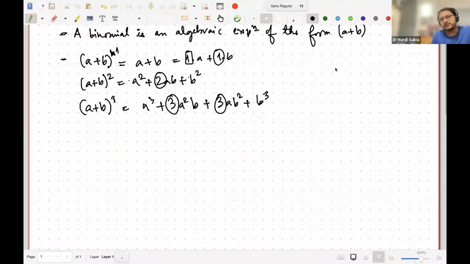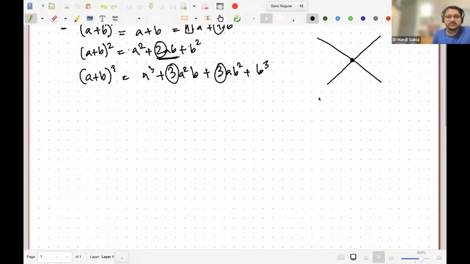The degrees of a are going down, and the degrees of b are going up. At a certain point, the degrees of a and b match for some values. For example, here the degrees of a and b are matching, but in this case they are not matching because we are raising it to a cube.